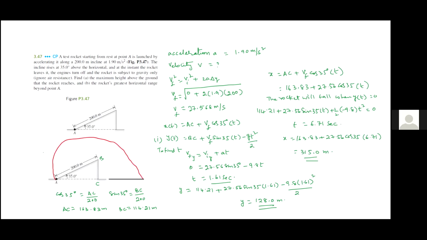From here, this is the total height, the maximum height. From here to here we have to find the maximum height, and this distance is delta y. And then this is the total horizontal range, R. So R is AC plus delta x; this part is delta x.